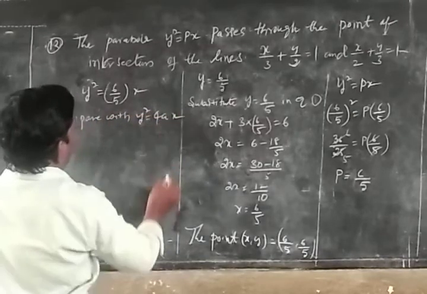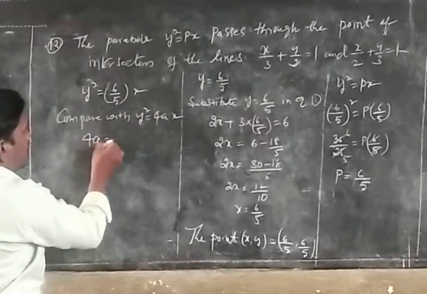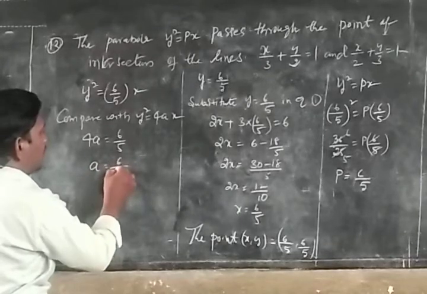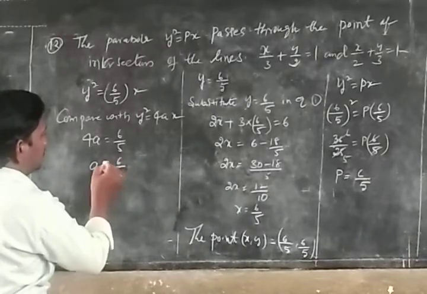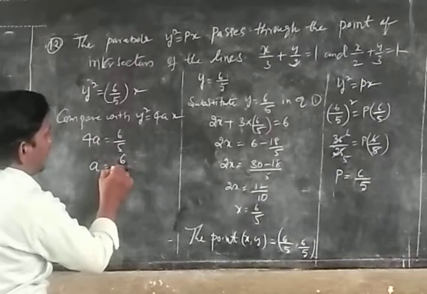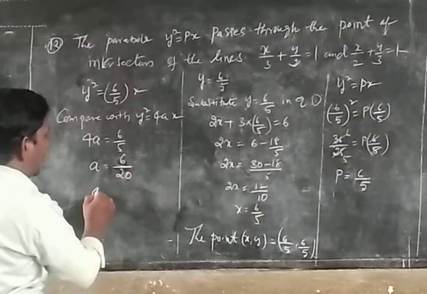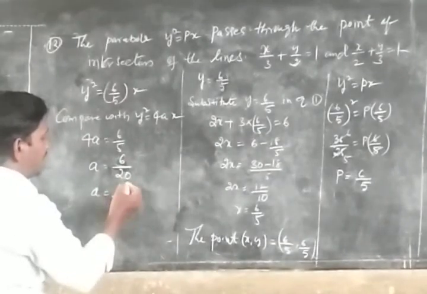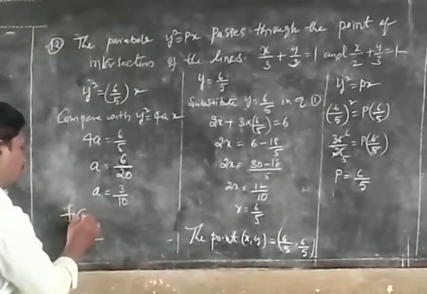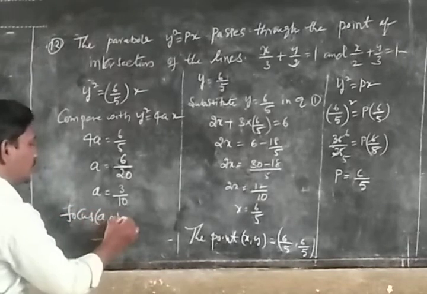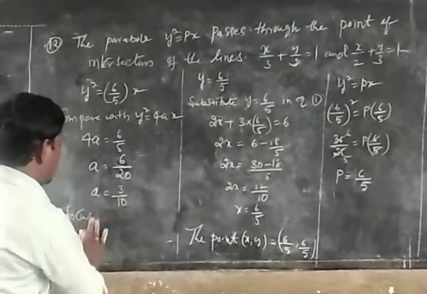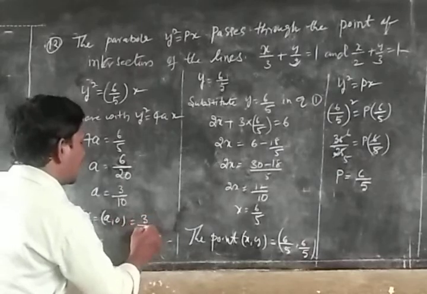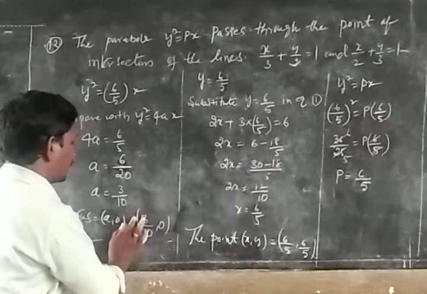In the place of 4a, we have 6 by 5. That means a equal to 6 by 20, then a equal to 3 by 10. Focus a comma 0 equal to 3 by 10 comma 0.